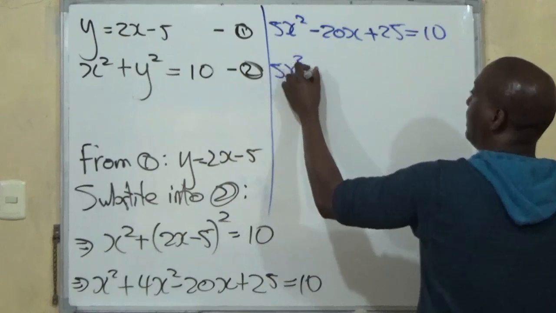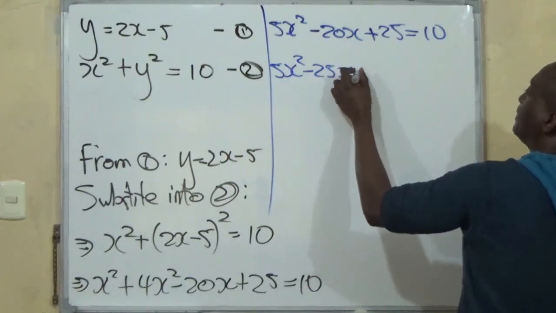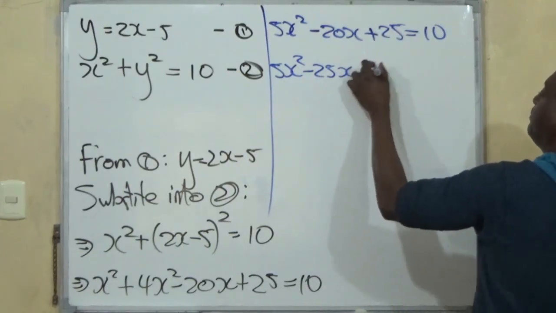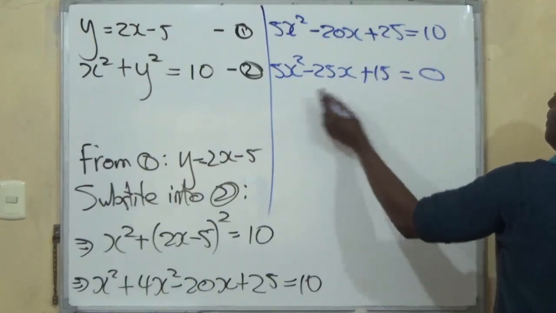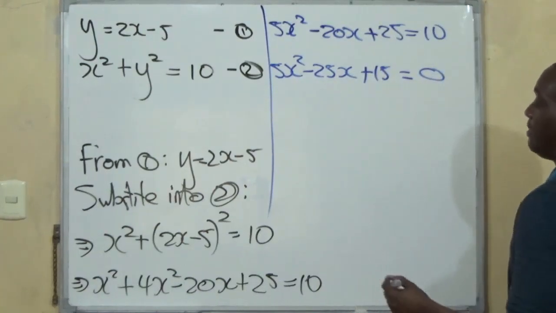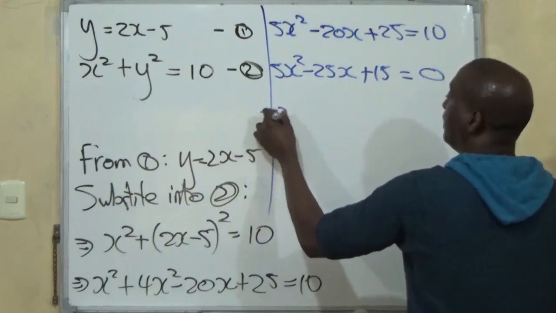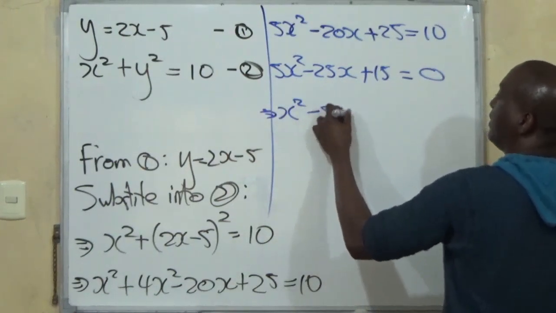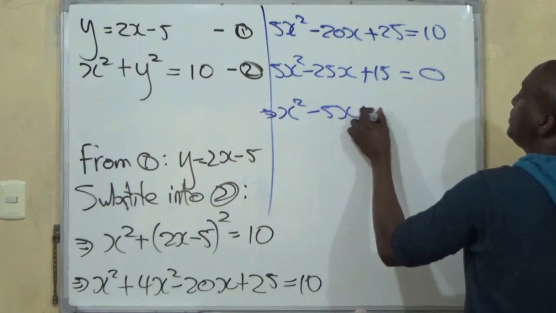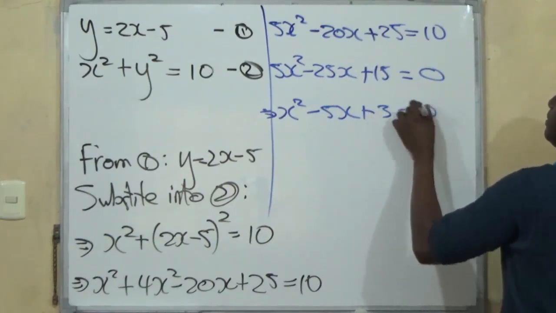So 5x squared minus 25x, you bring it across, plus 15 is equal to 0. And now that we have 0 on the right side, we could divide everything by 5 and say that x squared minus 5x plus 3 is equal to 0.